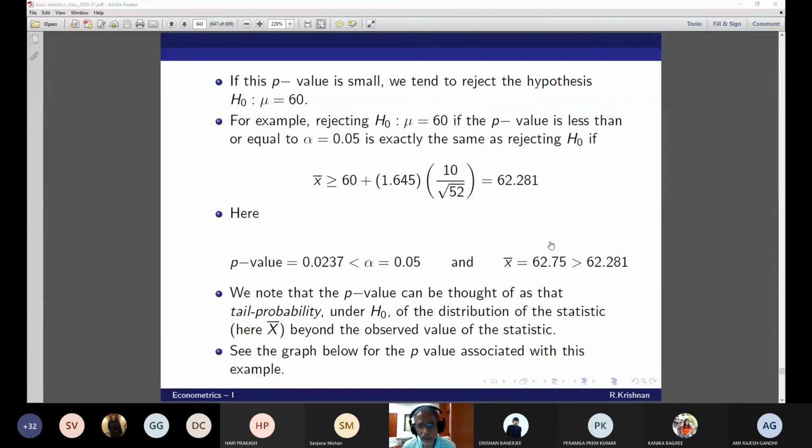Is it a good thing to manipulate the interpretation of alpha to suit our conclusion? That is always done. Sometimes this kind of results are quite problematic, so we conveniently do this. But that is why if I am the referee refereeing a paper, I'll always ask for the p-value. Deciding on the p-value, I will decide whether this person has interpreted correctly.